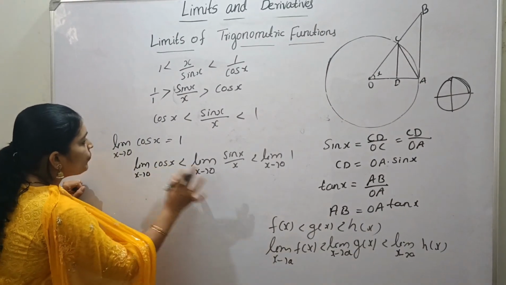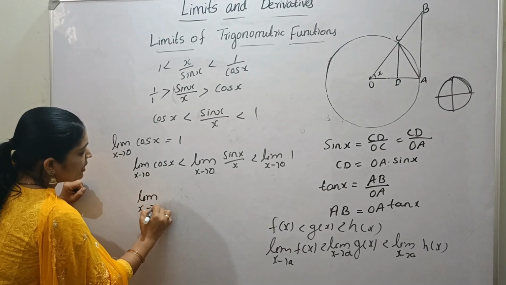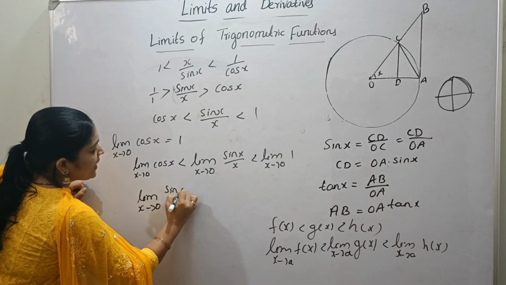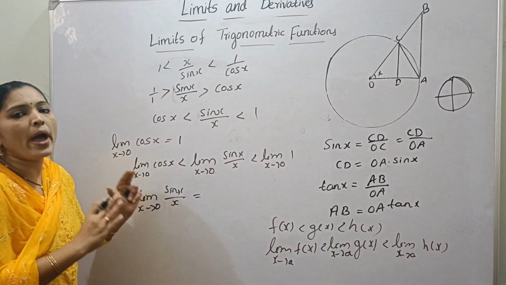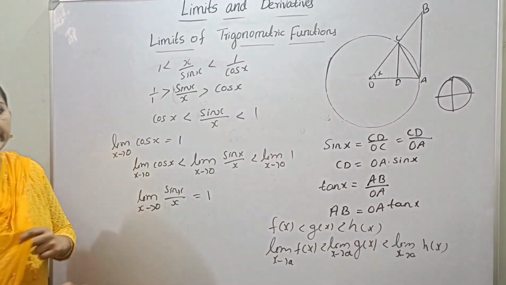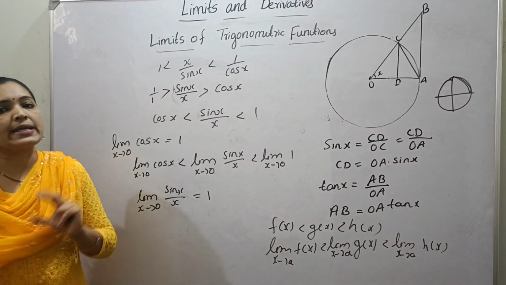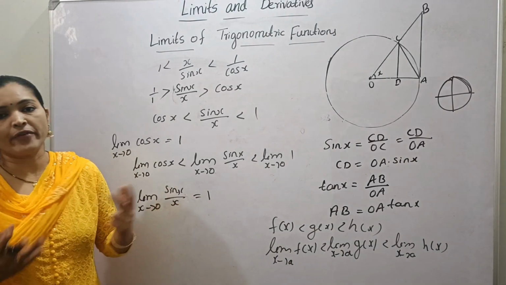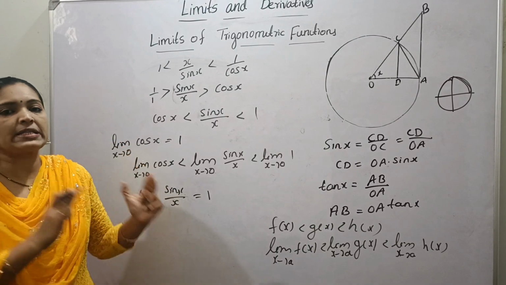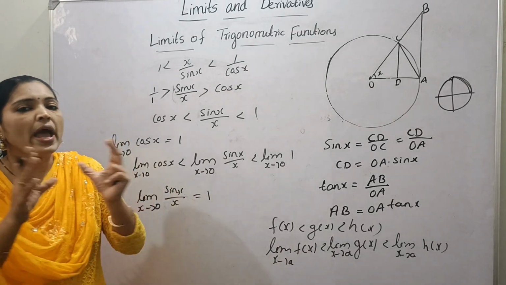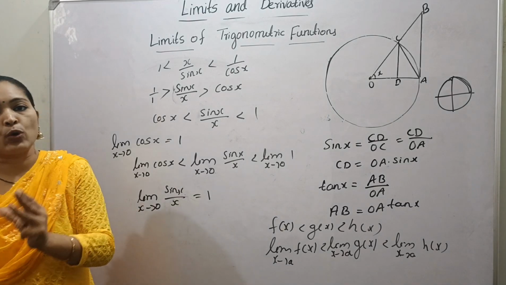So obviously we can say the limit as x tends to 0 of sin x by x is also very close to 1, also approaching 1. That is the value of the limit. The limit as x tends to a of f of x equal to f of a means that when x approaches a, f of x approaches f of a, not exactly f of a.